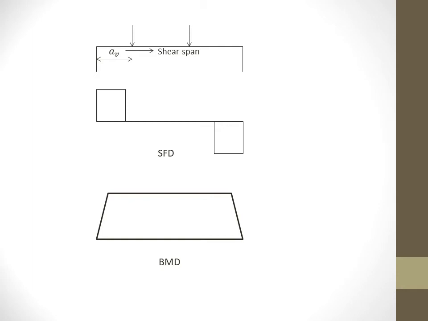With this magnitude, we can provide a measure for the flexural stress as well as the shear stress, and hence we can figure out what type of failure occurs in the beam. And depending upon the value of the av by d ratio, a beam may experience 4 cases of shear failure.